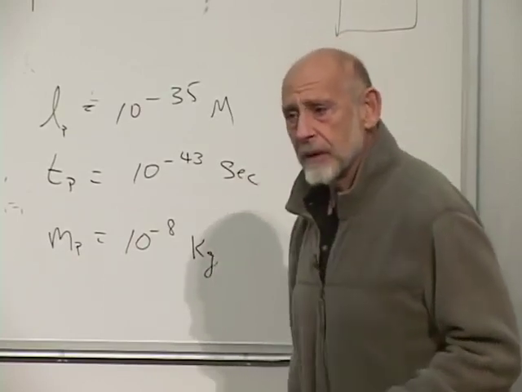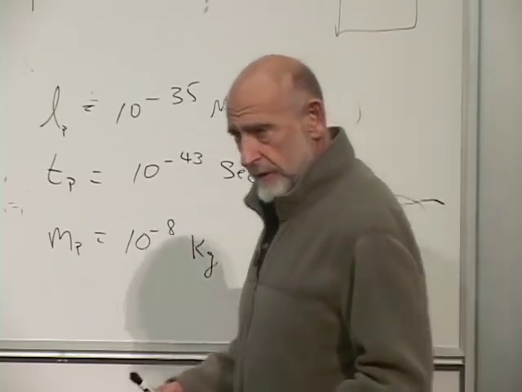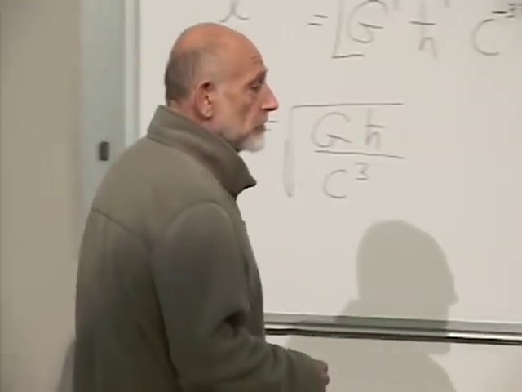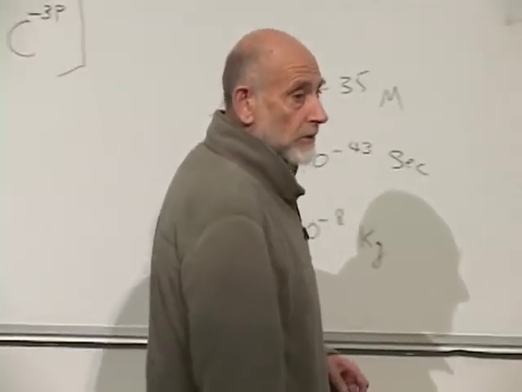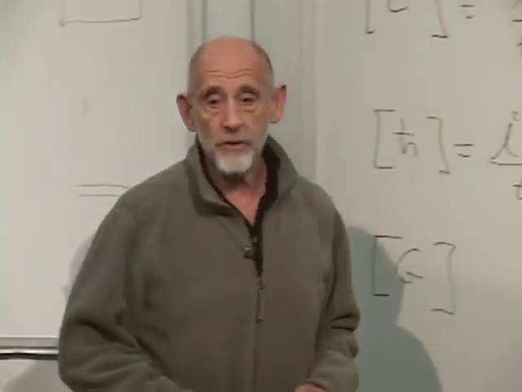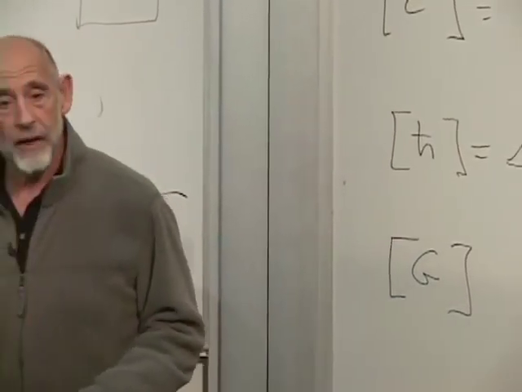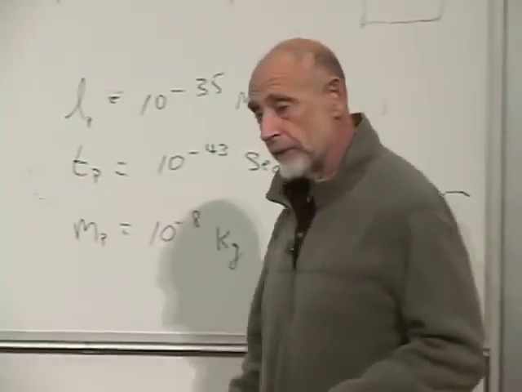And the amount of mass involved in exciting a fundamental particle such as a graviton or an electron, if the electron is a string, is expected to be somewhere in this range, 10 to the minus 8th kilograms.